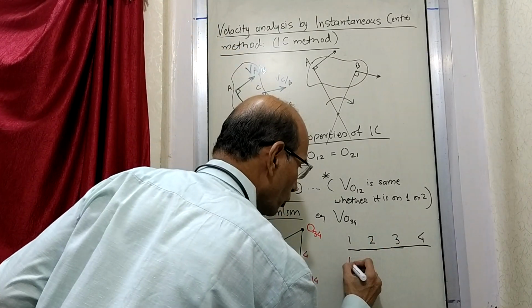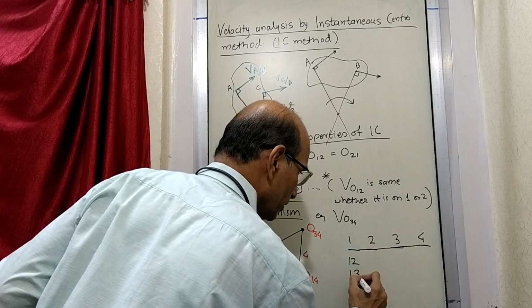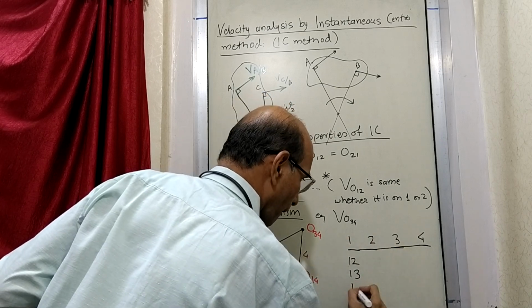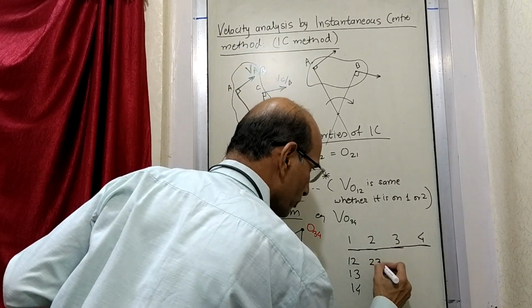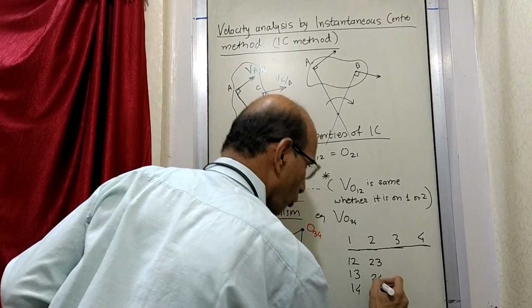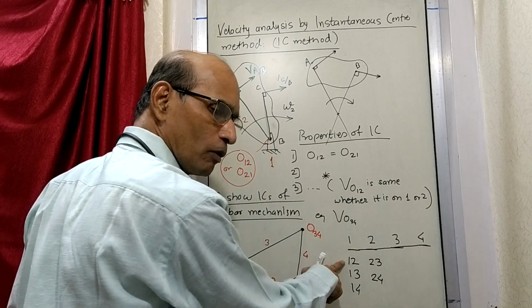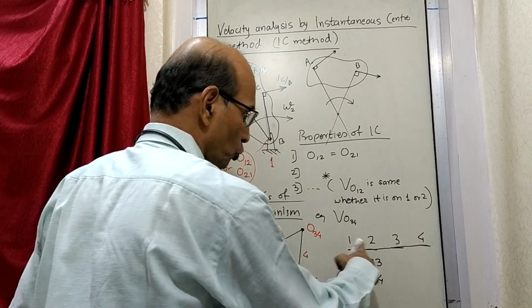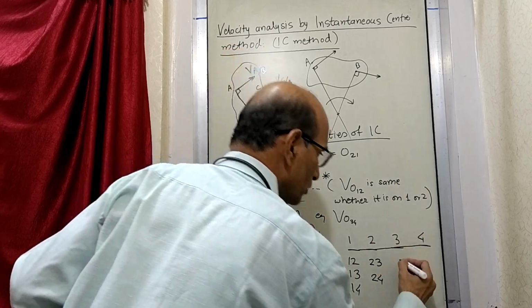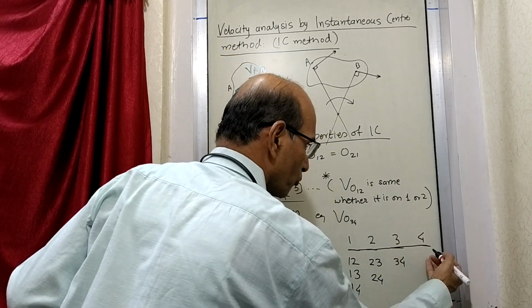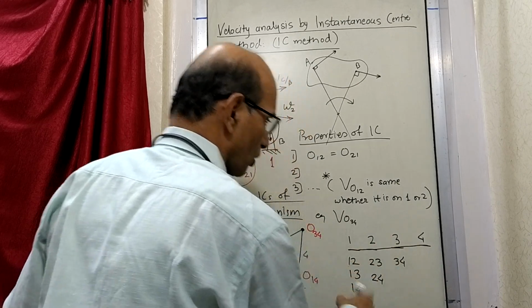So 1 with 2, 1 with 3, 1 with 4. Now 2 with 3, 2 with 4. Why have I not written 2 with 1? Because 2 with 1 is same as 1 with 2. So 2 1 is same as 1 2, so that is not written. But 2 3, 2 4. Now 3 with 4. 4 with all others are already there.